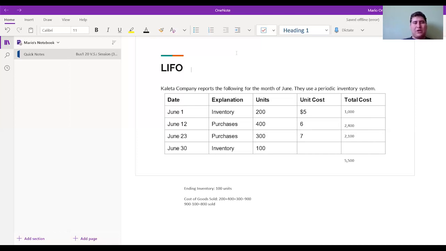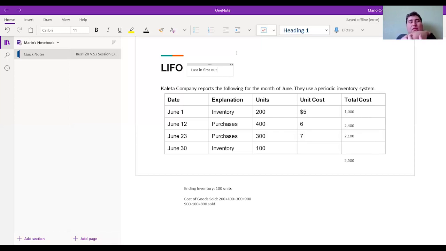What does LIFO actually mean? Latest goods purchased are the first to be sold. Exactly. So basically last in, first out.